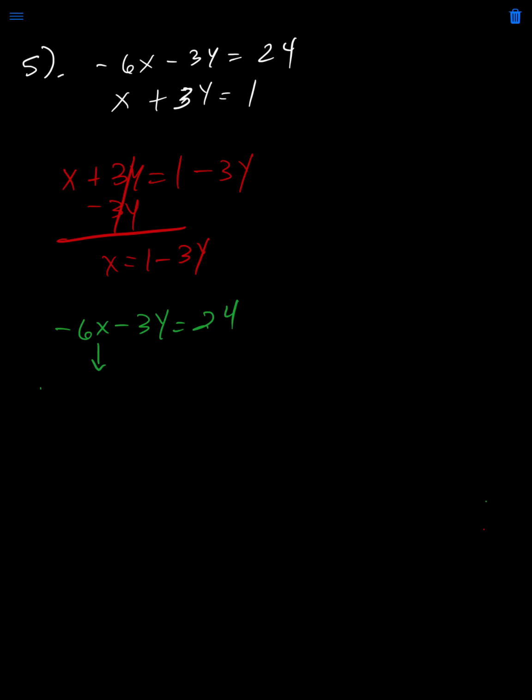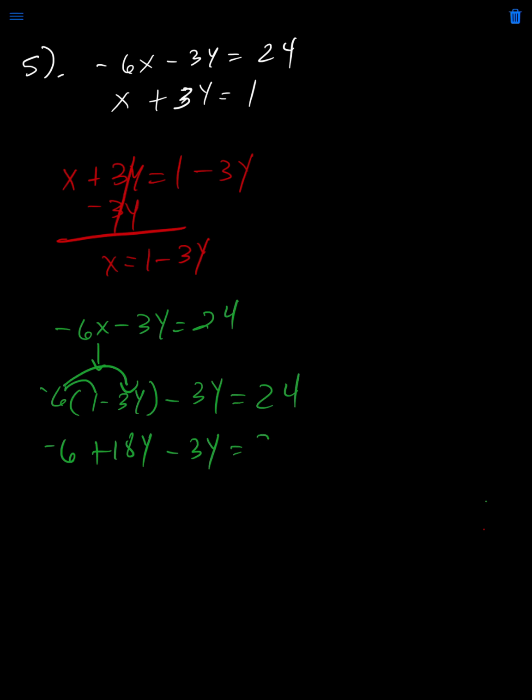And now we know that's what x equals. I'm going to go ahead and take the one that has negative 6x minus 3y equals 24. Replace the x with 1 minus 3y, minus 3y equals 24. Distribute, so I have negative 6. Distribute here, gives me positive 18y minus 3y equals 24.